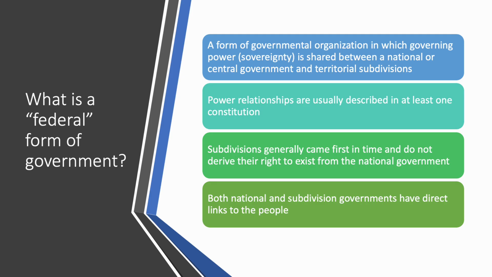Let's go into it. A federal form of government, like what we have, is one in which the governing power, the power to govern the country, is actually shared between a national or central government and some kind of territorial subdivisions. They could be states or they could be provinces. And these power relationships really have to be described in a constitution.